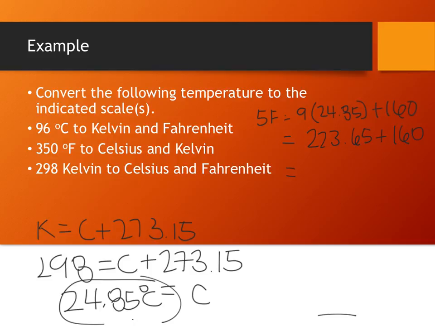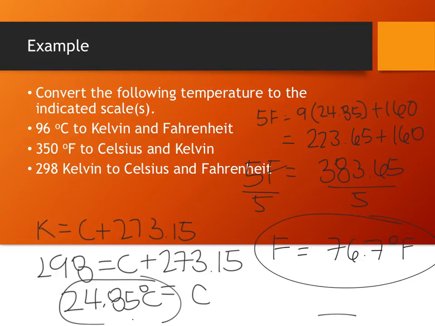Which, when you add those together, gets you 383.65, which again equals 5F. Divide both sides by 5, and you get that F is equal to 76.7 degrees Fahrenheit. All right. Those are your two answers.